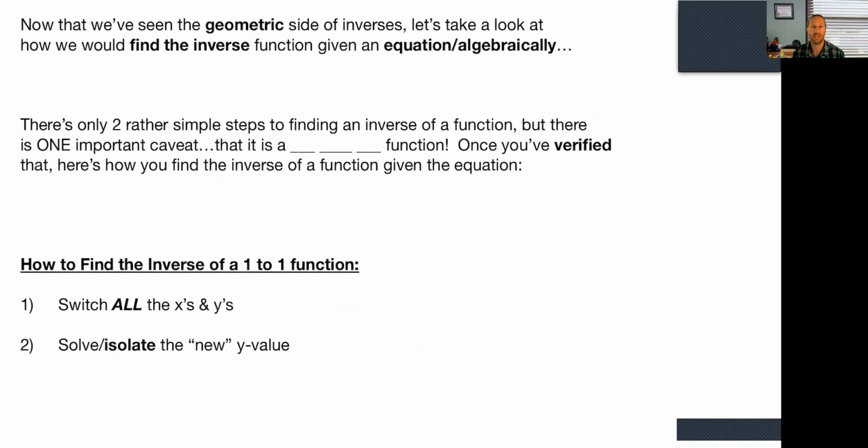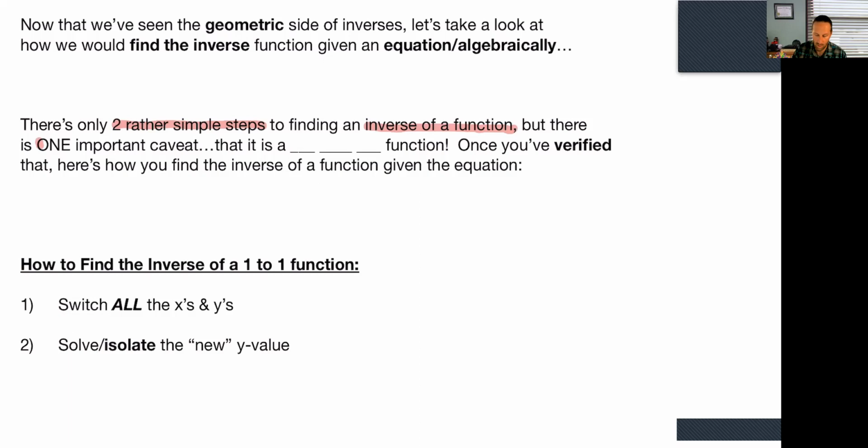Now that we've seen the geometric side, let's take a look at how we would find the inverse function given an equation and doing it algebraically. Okay. Again, there's really only 2 steps. I try to make things as simple as possible to find the inverse of a function.